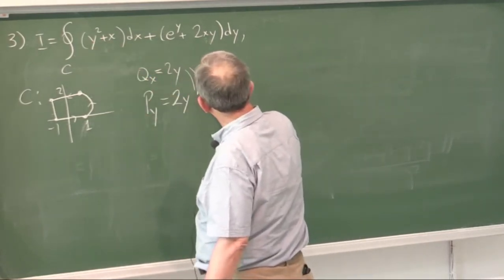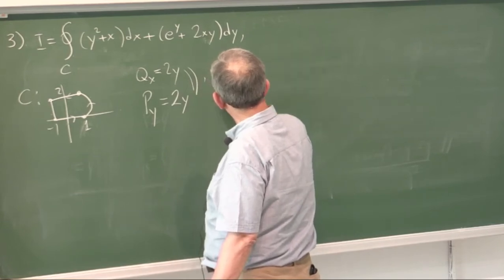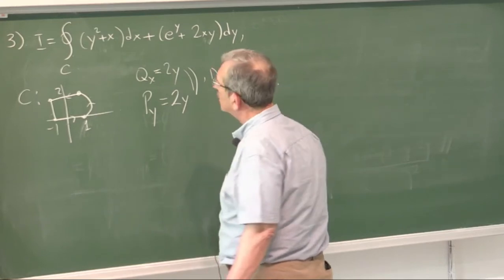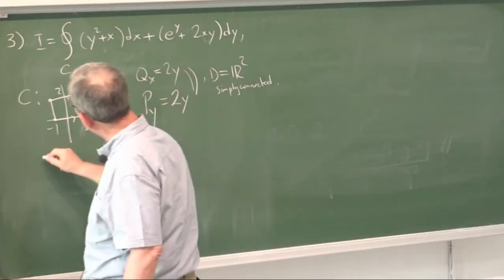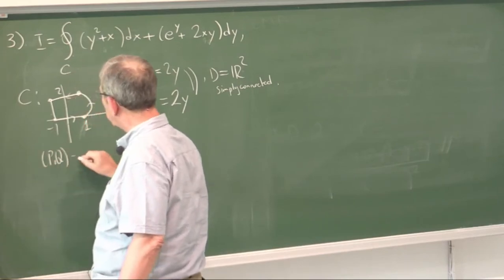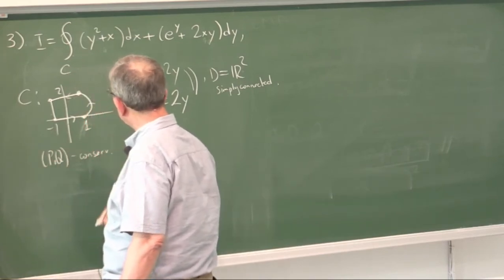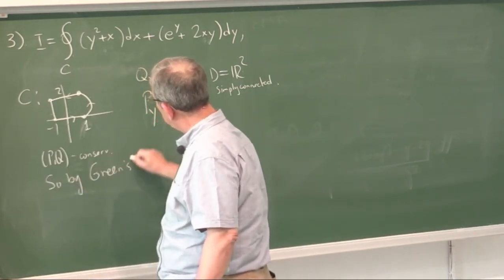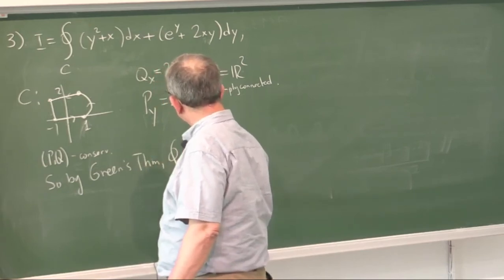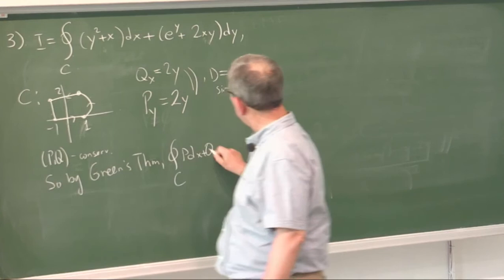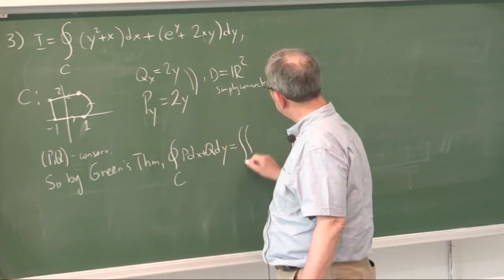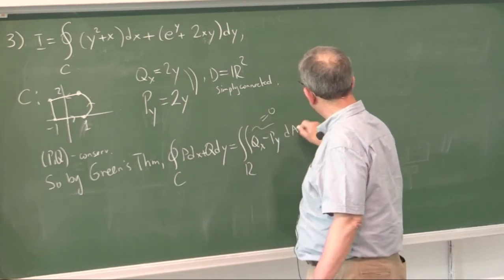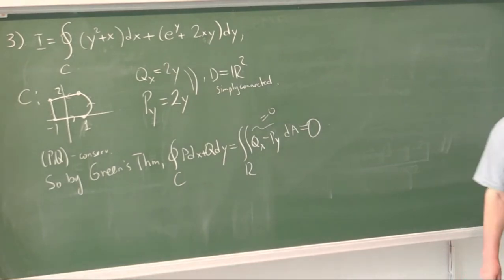They are equal. And these are, okay, simply connected. So this means that we have an exact differential, or that this is conservative. Thus, by Green's theorem, integral C p dx plus q dy, which is double integral of q sub x minus p sub y, which is 0, is 0, and we are finished.